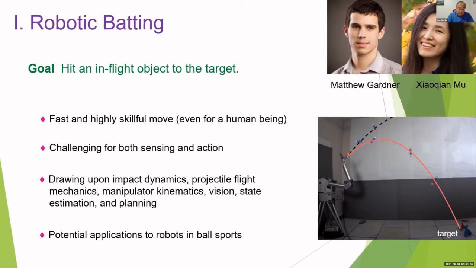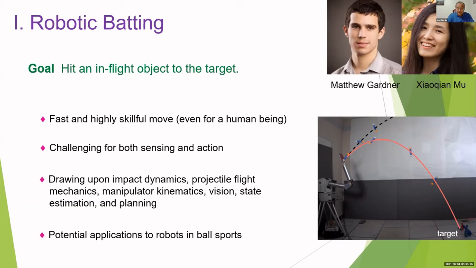So the goal is pretty simple. We want to hit an in-flight object to the target, just like batting in baseball, or table tennis or tennis. This is a very fast and highly skillful move because the flight usually lasts half a second, and the robot has to make the planning and the reaction and actually execute the action within that time frame.